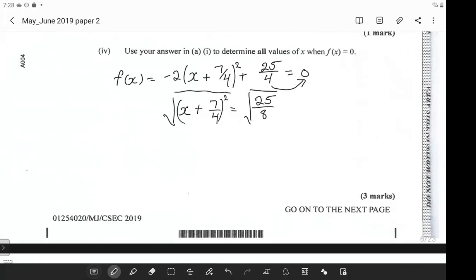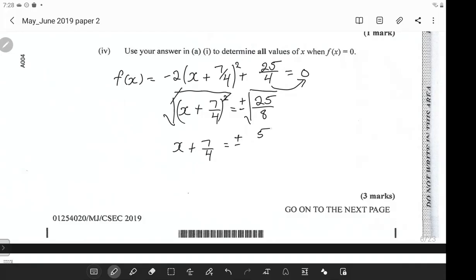If we only put the positive square root, then we are losing solutions. So put plus or minus here. So we get x plus 7/4 is equal to plus or minus root 25.